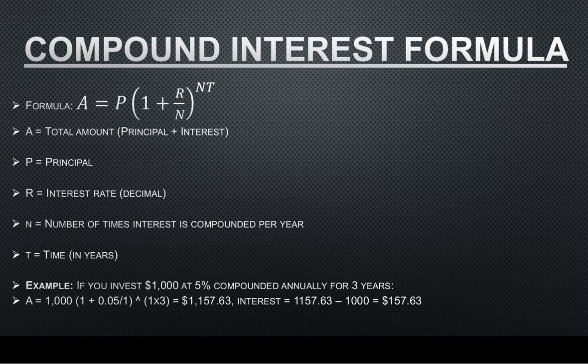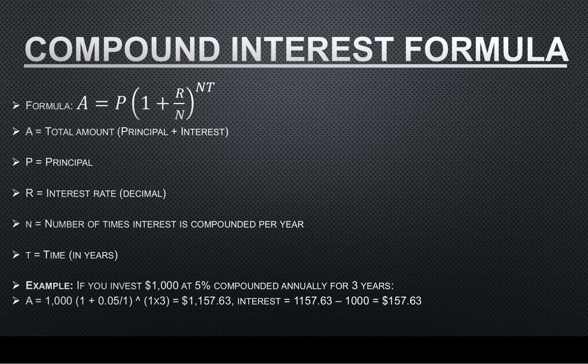Good. Now let's take a look at the compound interest. This is the formula for compound interest. A is the total amount including principal and interest, P is the principal, and R is the interest rate that is being charged.